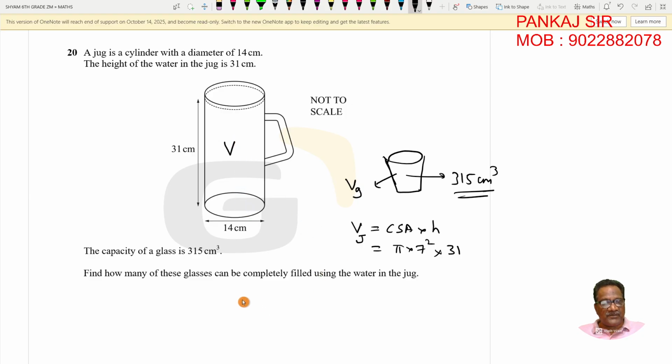This is the formula: the number of glasses that can be filled will be the bigger volume, that is the volume of the jug, divided by the smaller volume, that is the volume of the glass. So n equals Vj upon Vg. Vj is nothing but pi into 49 into 31, the whole thing divided by Vg, which is 315.